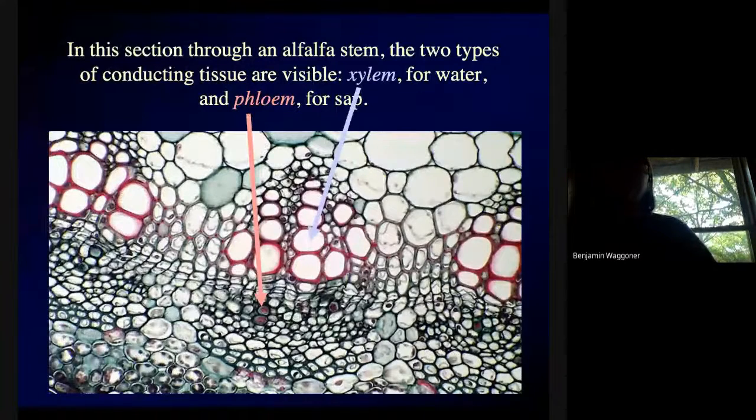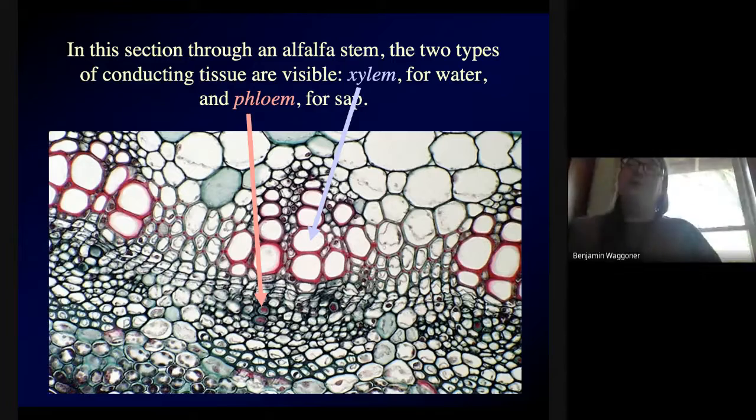This happens to be a slice through an alfalfa stem, and you can actually see that there are two types of conducting tissue. The round circles are this very tough, strong, lignin-rich conducting tissue where the cells are dead when they're functional.